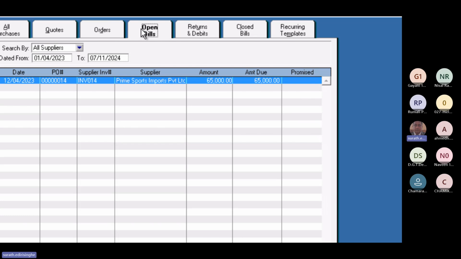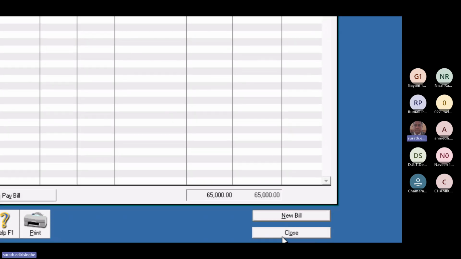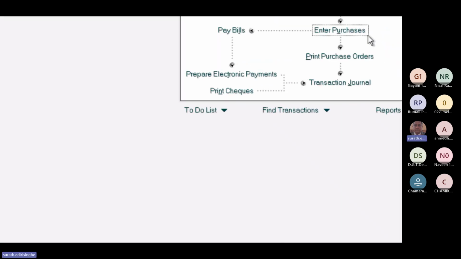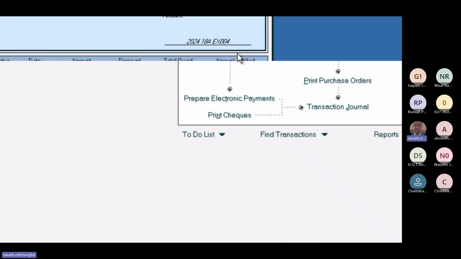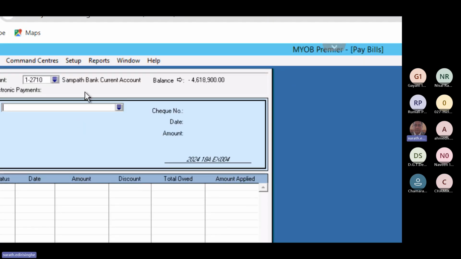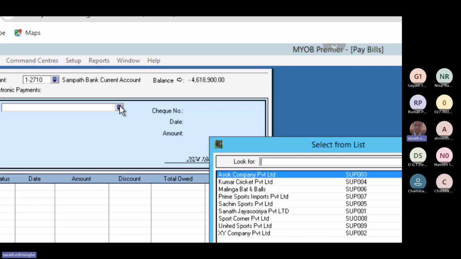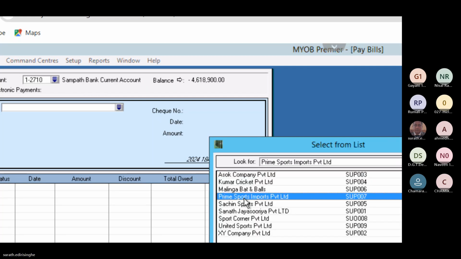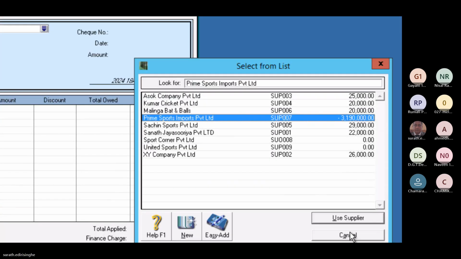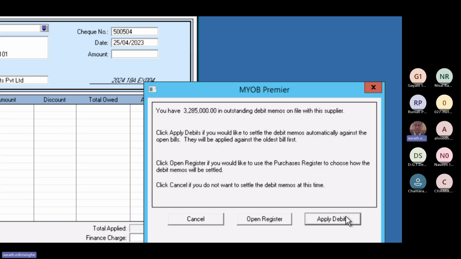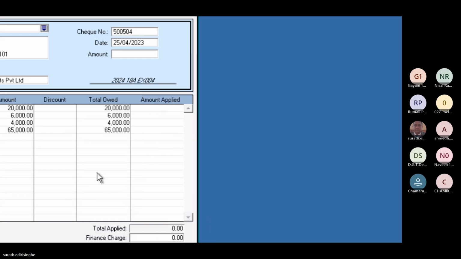Right. Then payment of bill. Settlement. Pay bill. Sampath Bank. Supplier Prime. Use this supplier. Cancel. 65,000 paid on full amount. Let's assume that paid on part amount 30,000.